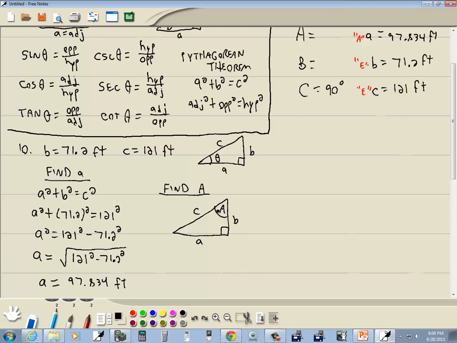Now, in relation to this angle, this side is going to be opposite, and B is going to be adjacent. And C is always the hypotenuse, so you don't need to worry about that. So whenever you pick an angle, your opposite and adjacent will sometimes change.